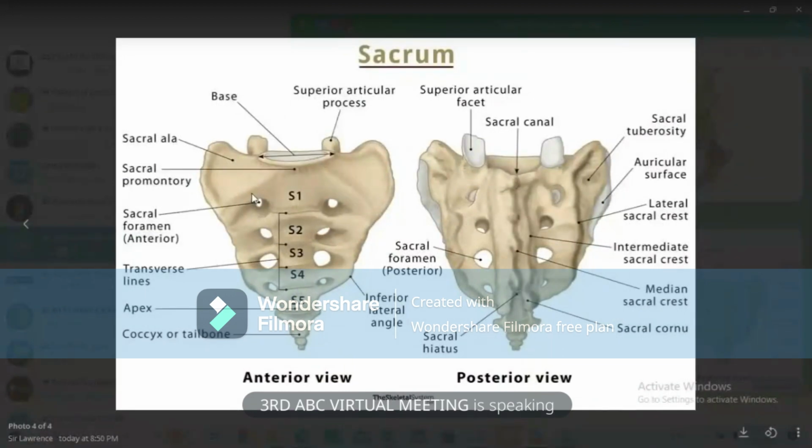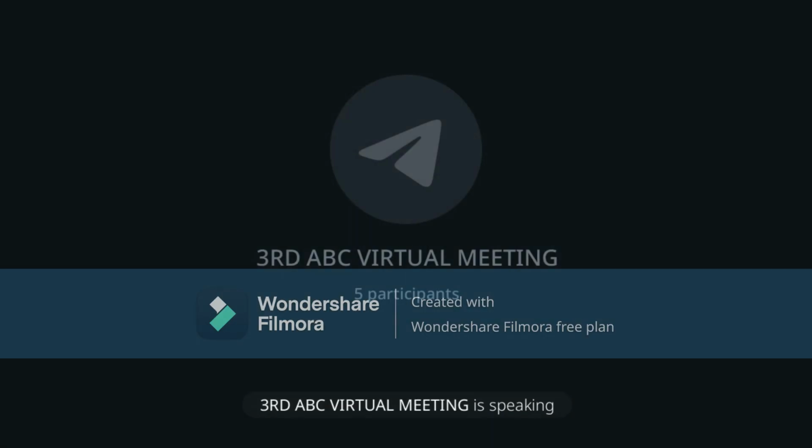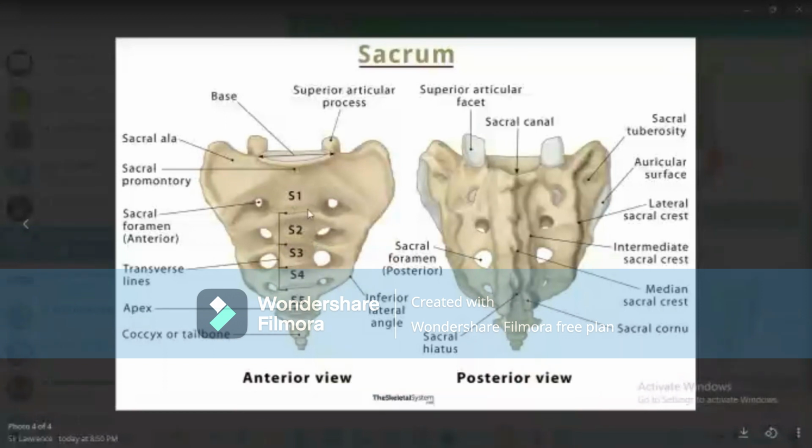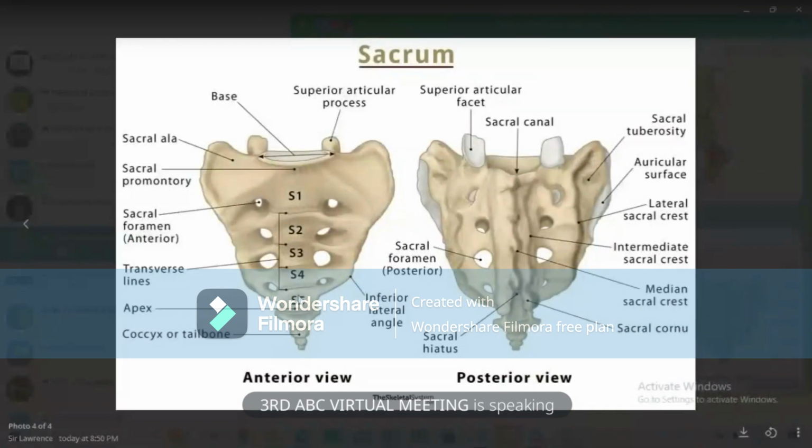You can see that on the anterior surface, it has this ridge here called the transverse line. You know that the sacrum is formed by 5 bones, 5 sacral bones, S1, S2 to S5. These 5 bones fuse, and the remnant of the fusion is the intervertebral disc.